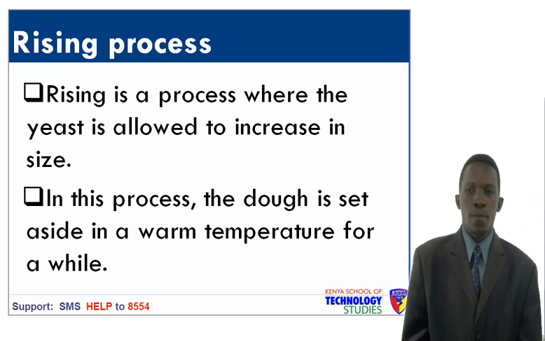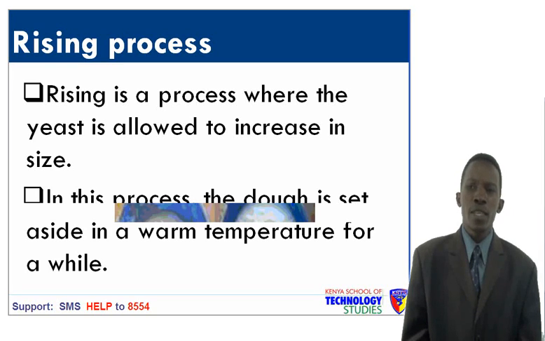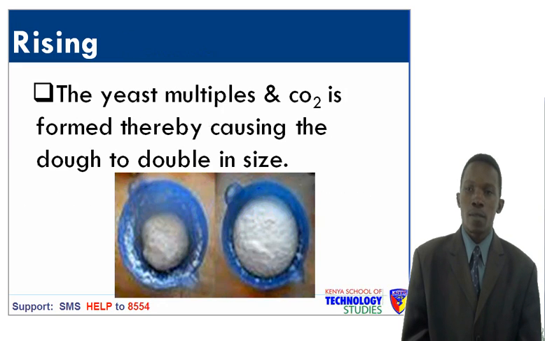Rising process. Rising is a process where the dough is to increase in size. In this process, the dough is set aside in a warm temperature for a while. The yeast multiplies and carbon dioxide is formed, thereby causing the dough to double in size.